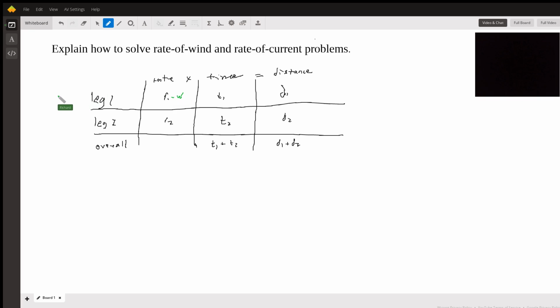This would be upwind or into the wind or into the current, whatever the case may be. And this would be with the wind or with the current. I suppose I should call that against the wind versus with the wind.